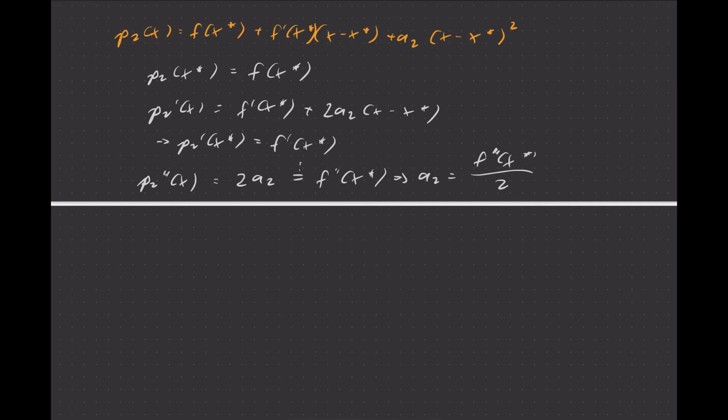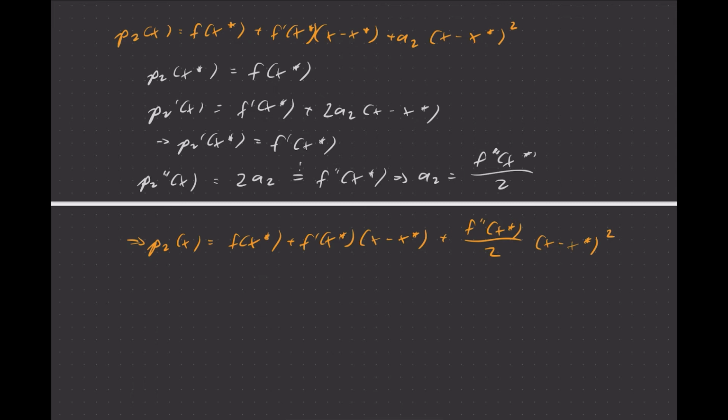So what we get ultimately is the following: P2 of x is equal to f of x star plus f prime of x star times x minus x star plus f double prime of x star over 2 times x minus x star squared.